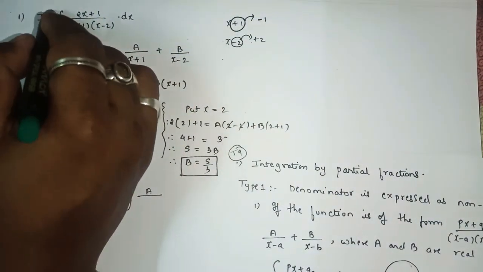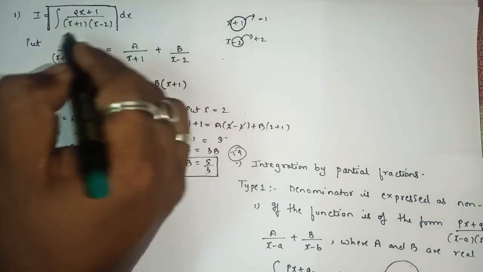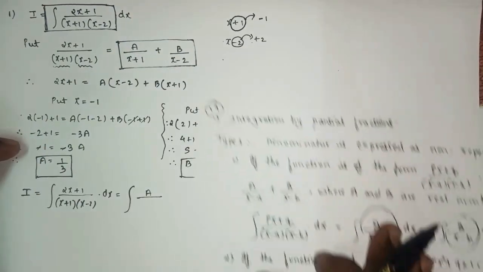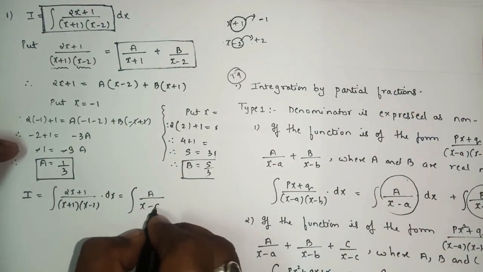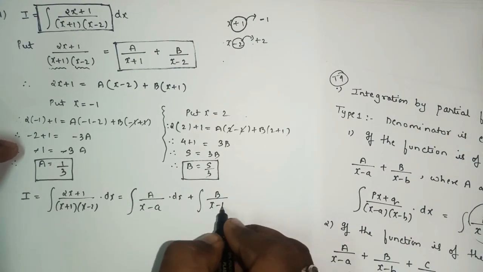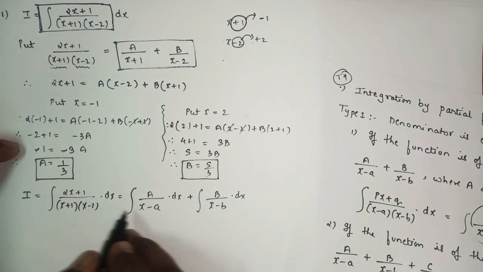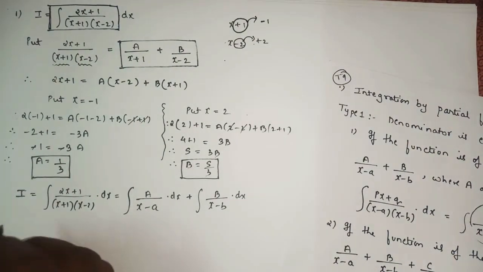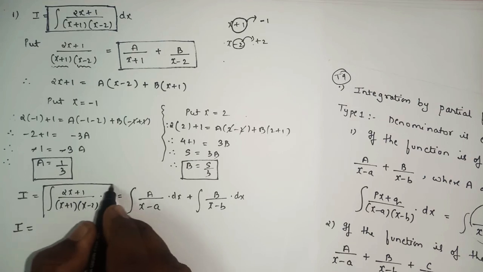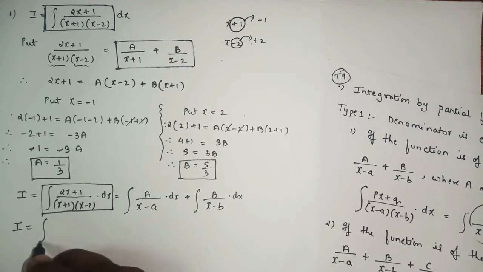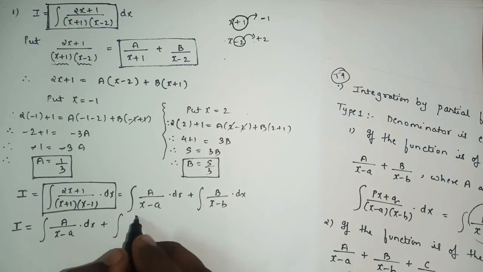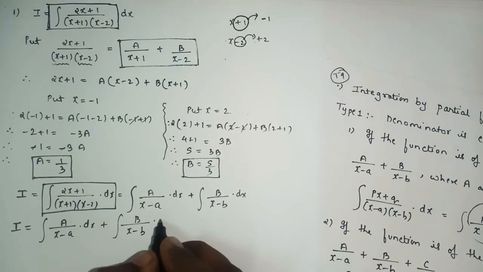So now this integral part, it will get converted into this form, yes or no. So this we can write as integral a upon x plus 1 into dx plus integral b upon x minus 2 into dx, as this section are the one and the same. Okay, so now I equals to, as this part is now replaced by this section, that is integral a upon x plus 1 into dx plus b upon x minus 2 into dx.